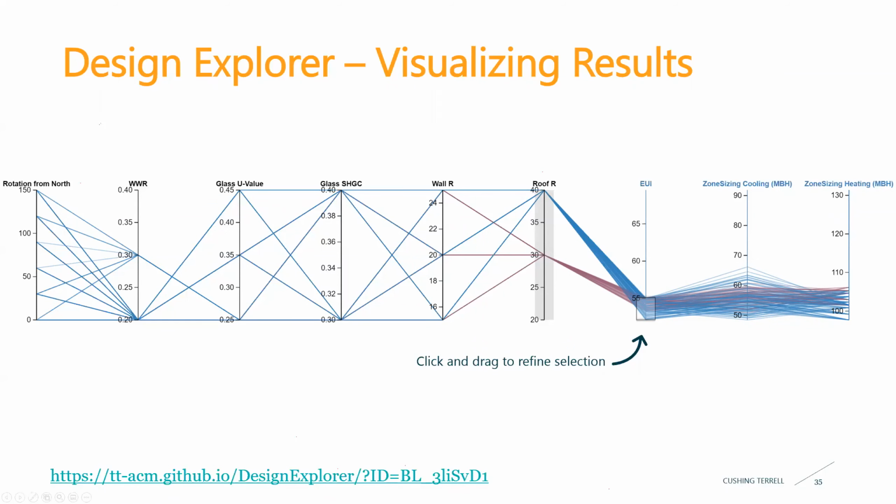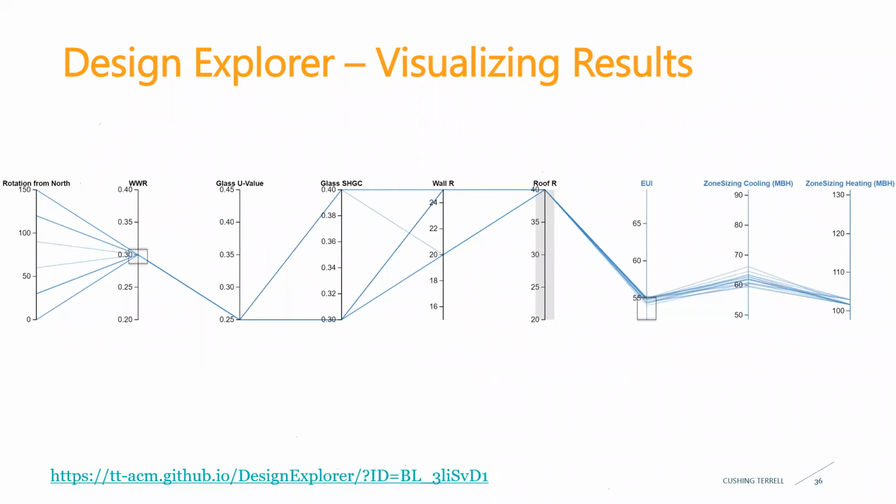And also you can see that the 30% window to wall ratio doesn't go to these other glass U values. So let's say the architects say, I can't go down to 20%, it needs to stay at least 30% or higher. Then you can select that 30% and refine that selection even further.